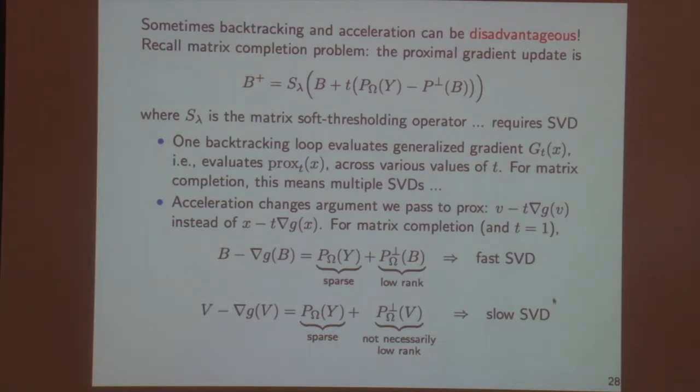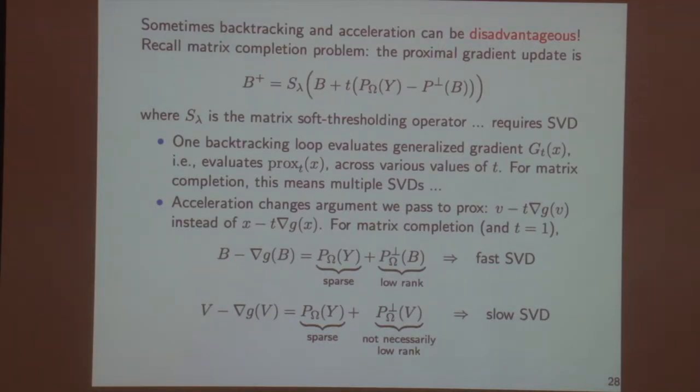The details maybe aren't worth going through super carefully, but take a look at this slide if you're interested in matrix completion, for your project or just in general. Essentially, when we move from unaccelerated proximal gradient to accelerated proximal gradient, we're evaluating the prox at a different argument.